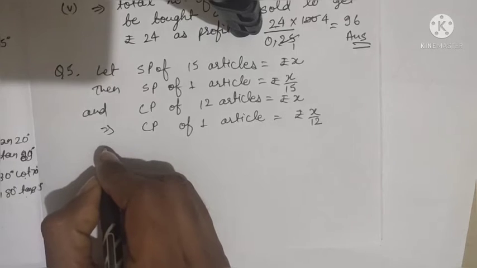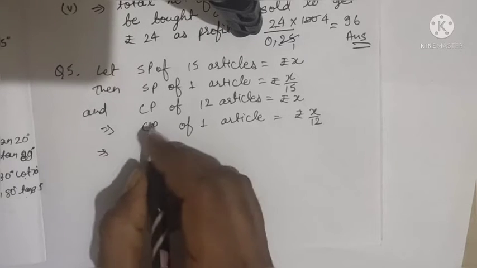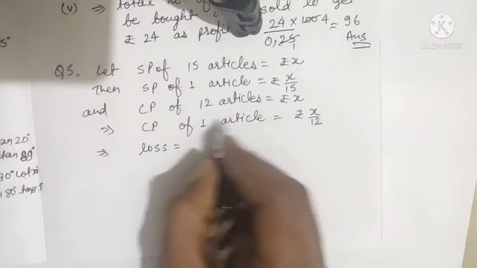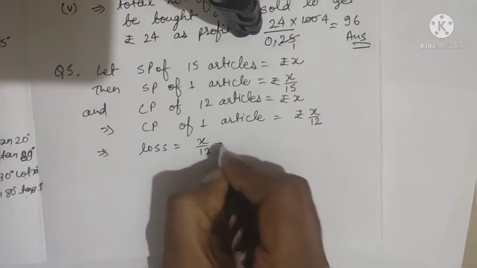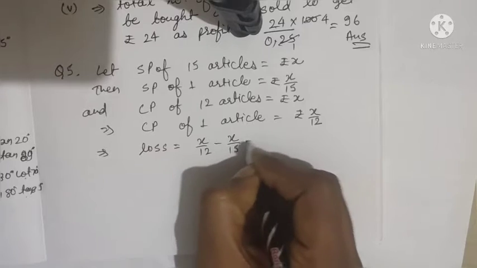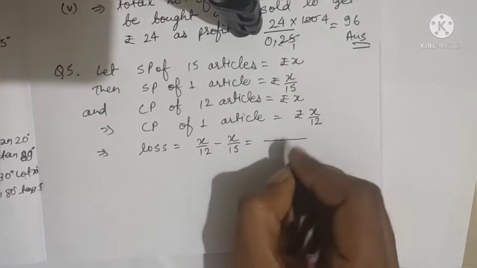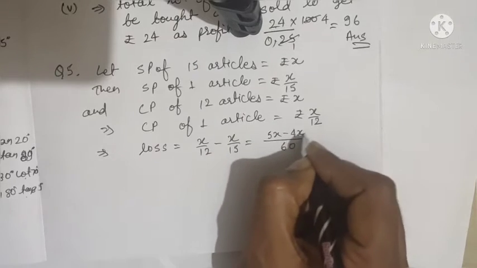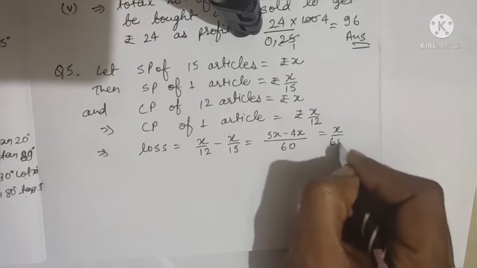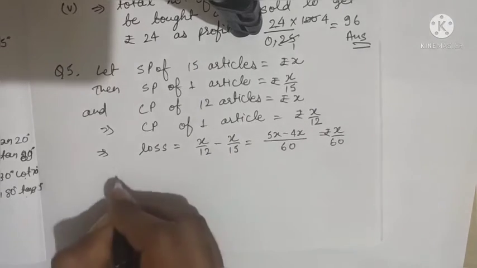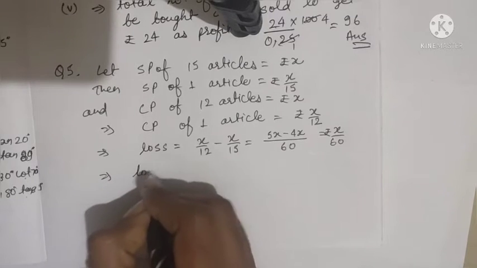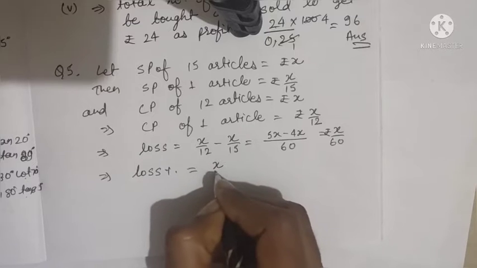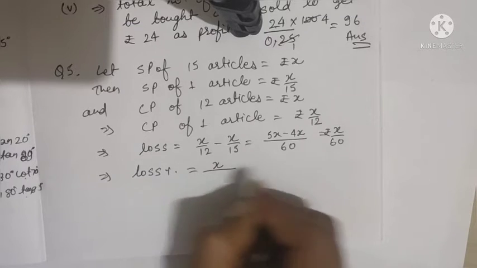Now we are going to find loss, and after that loss percent. So loss is equal to CP minus SP, which means X by 12 minus X by 15. Solve it by taking the LCM of 12 and 15. It will be 60, which means 5X minus 4X becomes X by 60. So the loss is X by 60. Now we are going to find loss percent. Loss percent is equal to loss by CP into 100%, and loss is X by 60.